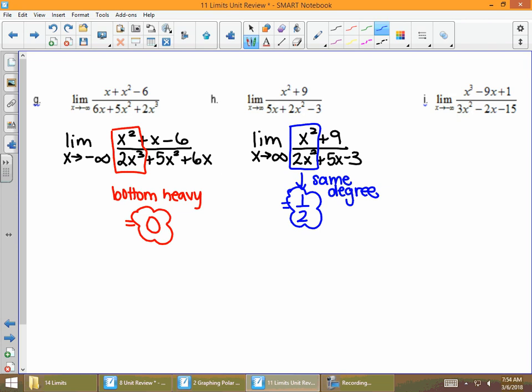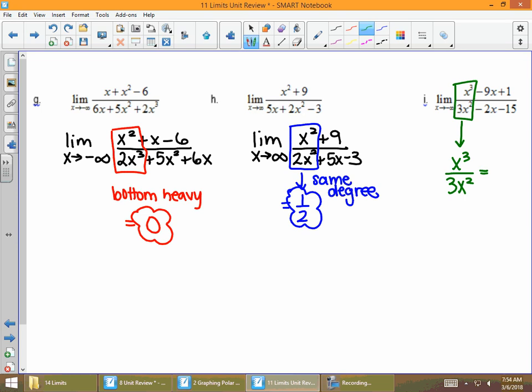All right, last problem. My function, everything is in order, so I can just look at my end behavior model. My end behavior model here is going to be x cubed over 3x squared. So my x's are going to cancel.